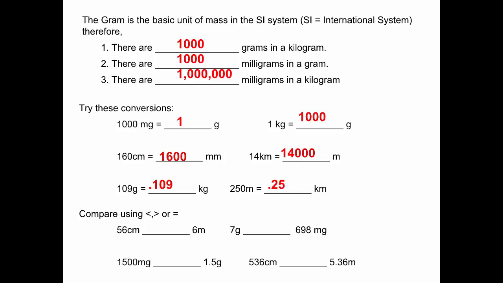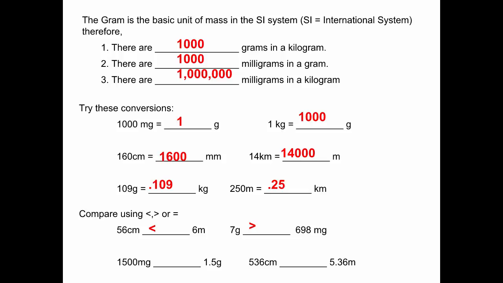All right, so which is greater? 56 centimeters or 6 meters? Allison? 6 meters. Correct. 7 grams or 698 milligrams? Michael? 7 grams.